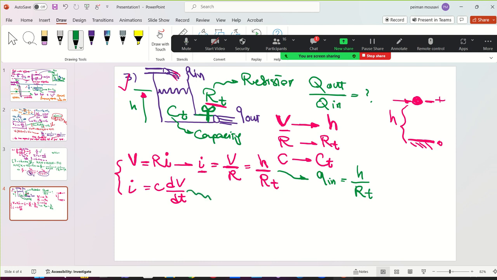Let's see if it's correct. Tank of CT, DH again. Voltage is H. DT. What is going to affect the change of H with the capacitor? Q in or Q out?